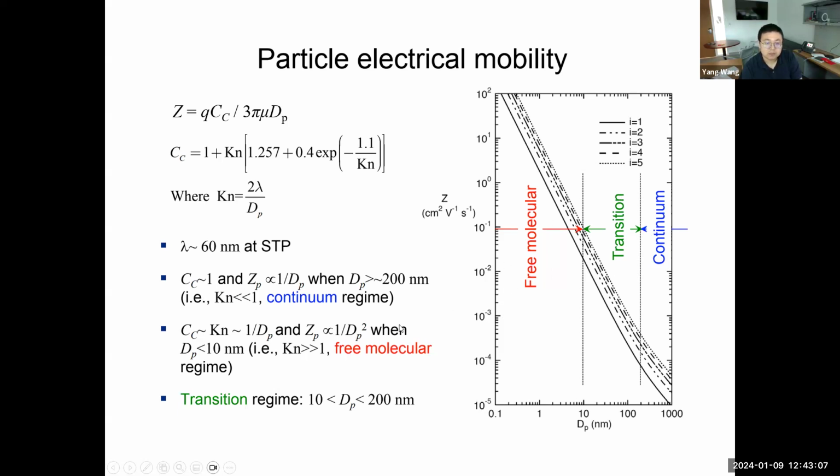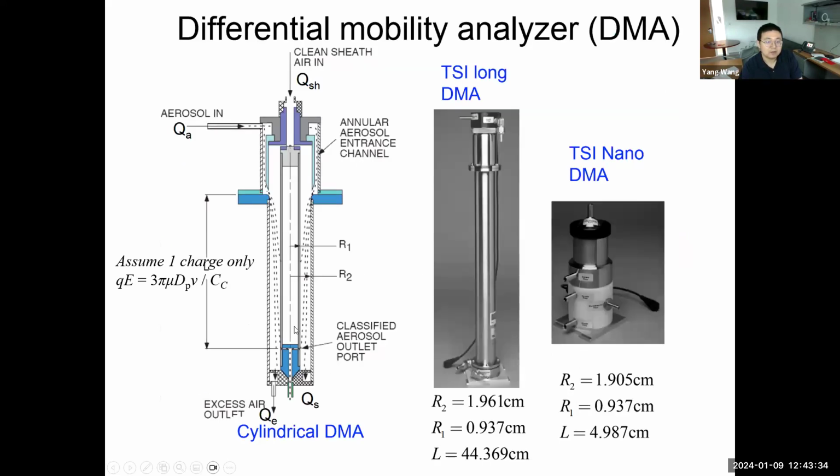In the free molecular regime, the Cunningham slip correction factor is proportional to 1 over dp. The transition regime has the particle size in this range here. But overall, there is a one-to-one correspondence between the electrical mobility and the particle size, which means that if you know the electrical mobility, you know what the particle size is. Because of this, we can separate the particles.